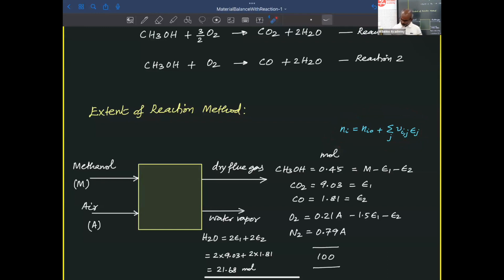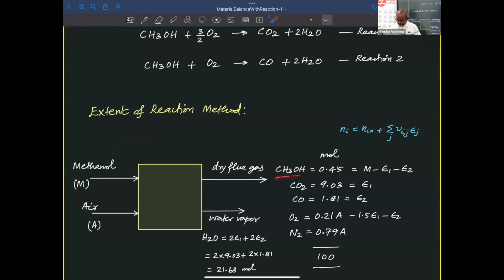So moles leaving equal moles entering plus what is getting produced or minus what is getting consumed. Of course, this you can easily see in the chemical reaction equilibria chapter of Smith and Van Ness thermodynamics. So moles of a component equal moles of that component initially available plus what is getting produced or minus what is getting consumed.